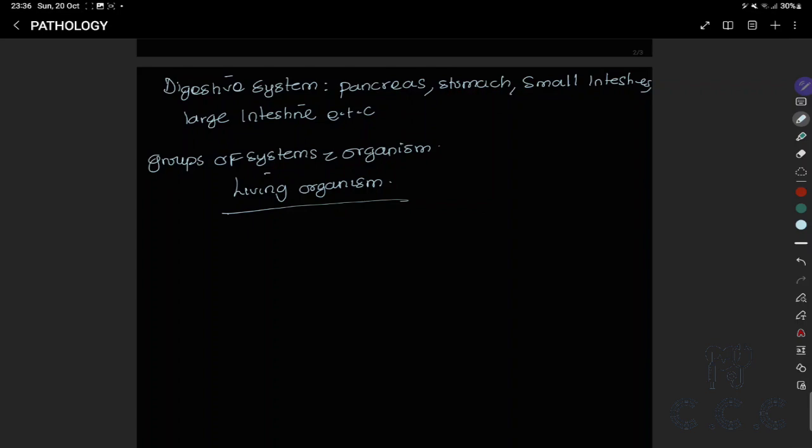We want to know what the cause of this disease is, and then we want to understand what is going on in the cell, because if we can understand what is going on in the cell, we can understand what's going on in the tissue. And if we understand what's going on in the tissue, we can also see what's going on in the organ, and we can get an understanding of what we need to give this person to help the situation. And so that is why pathology is very critical.